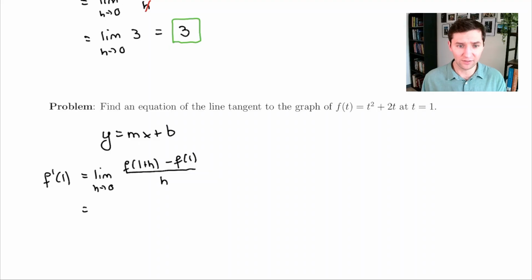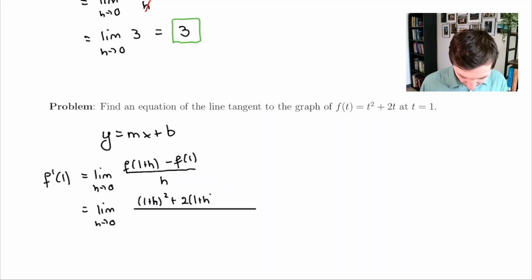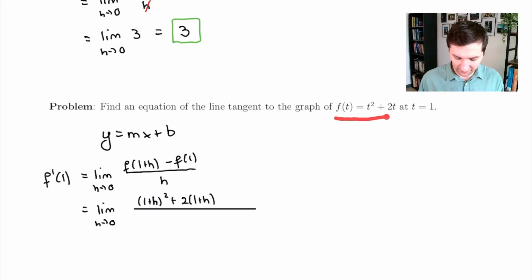I plug in those inputs to the formula of my function, and I get the limit as h goes to 0. When I plug in 1 plus h to my formula, I will get (1 plus h) squared plus 2(1 plus h). This is what I get when I plug in 1 plus h for t.